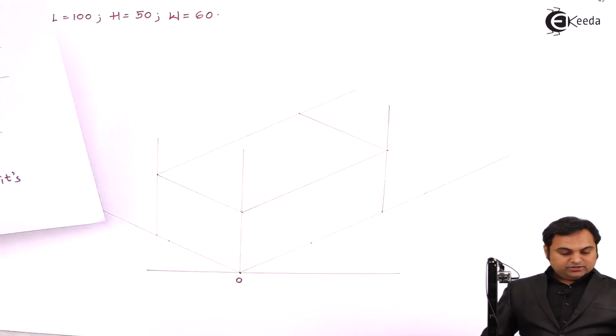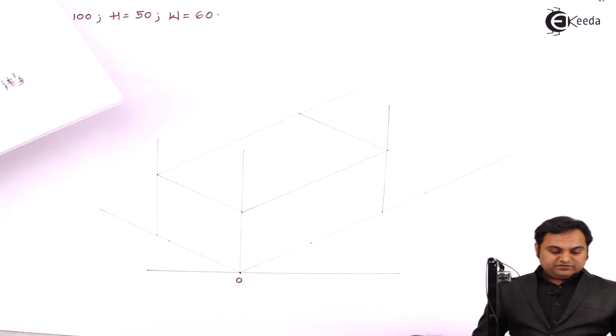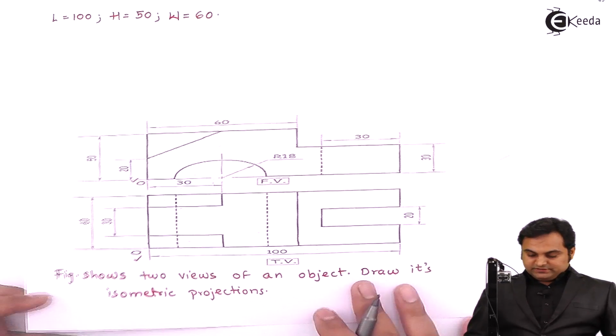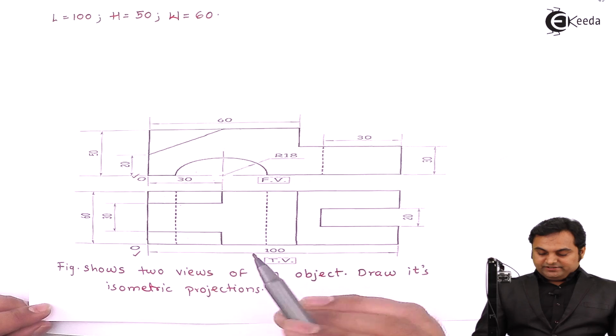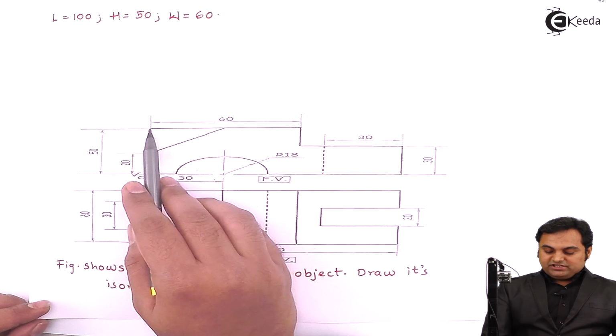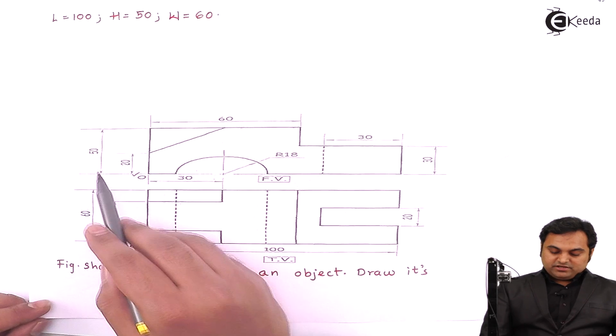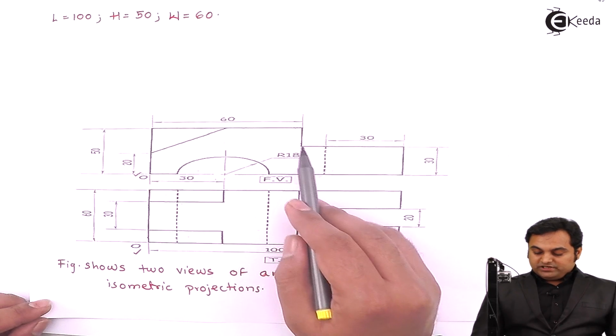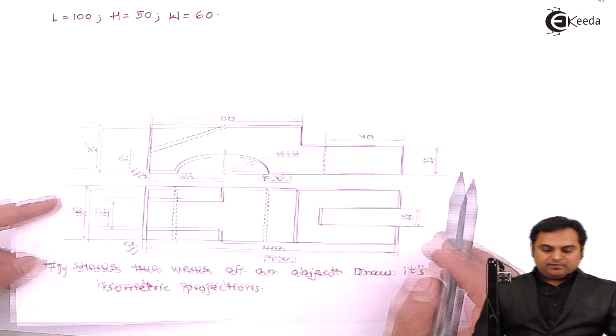And here the first thing which I would be doing is, since I'll divide the length as 60 mm and 40 mm, because 60 mm surface, 60 mm length is 50 mm above, whereas the remaining 40 is 30 mm above.